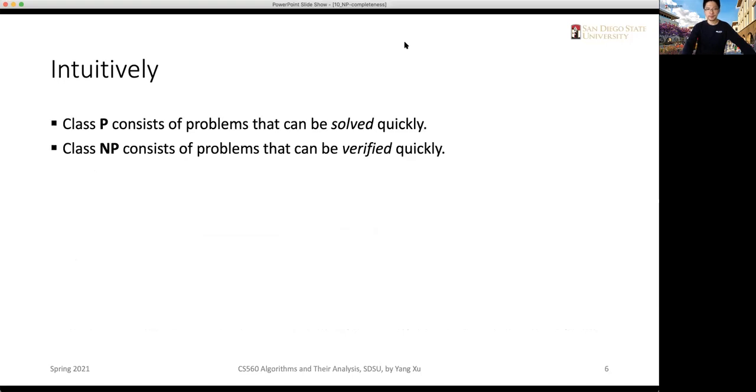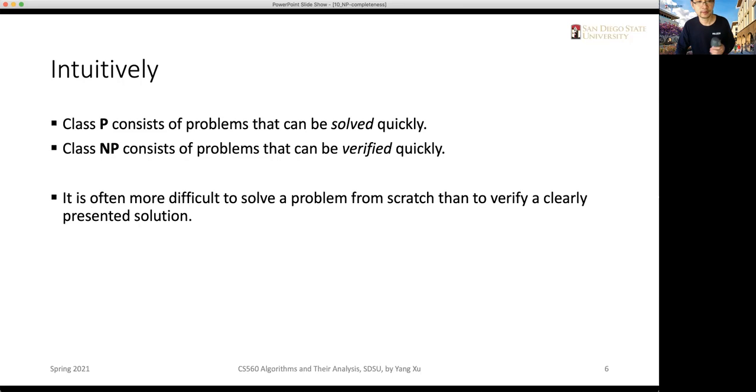If we want to describe the relationship in plain language, we can say that if a problem belongs to class P, then the problem can be solved very quickly. Otherwise, if it's NP, then it can be verified very quickly. But it's usually more difficult to solve a problem from scratch than to verify a clearly presented solution.